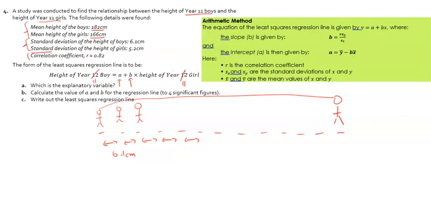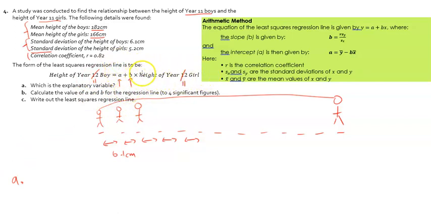And the first question is asking, which is the explanatory variable? Now, if the format has been given to you already, this is actually quite simple. The explanatory variable is always the one on the right-hand side of the equal sign.